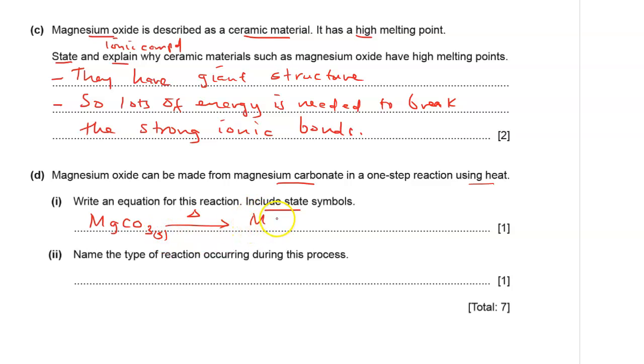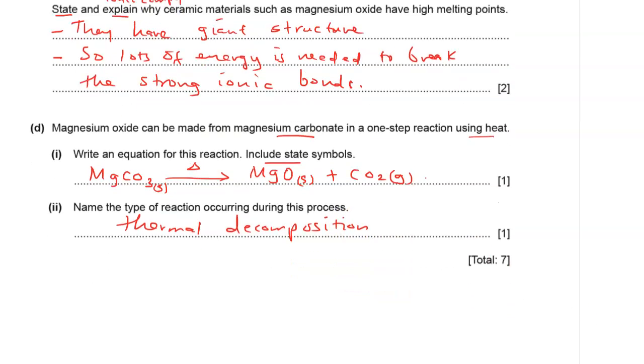So when heated, it will decompose to magnesium oxide, which is solid, and carbon dioxide will be formed as well. Name the type of reaction occurring during this process. This is called a thermal decomposition. Using heat to initiate a reaction, which will result in two different products.